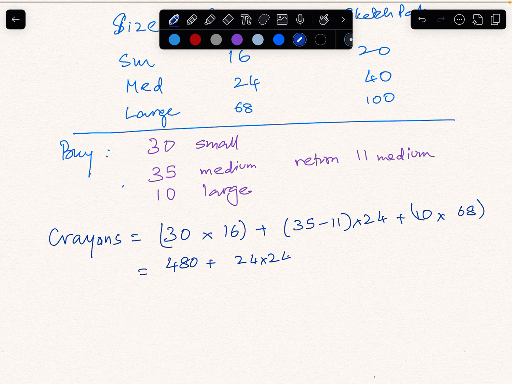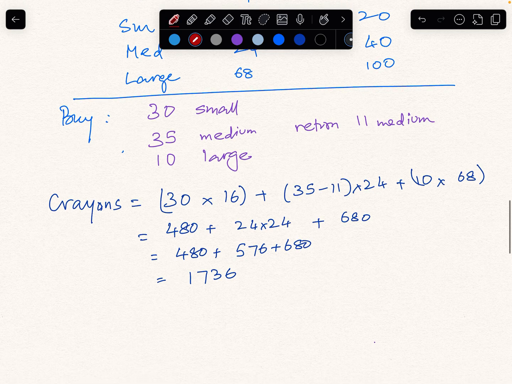I have 24 times 24 plus 10 times 68 is 680. So this gives me 480 plus 576 plus 680, which is equal to 1,736 boxes of crayon.